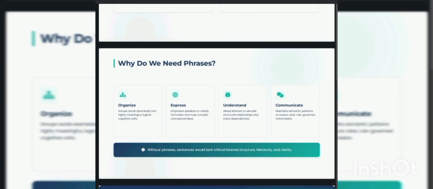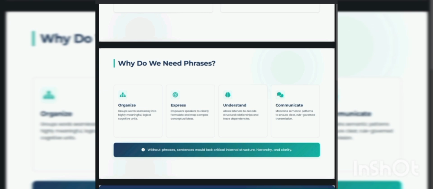The third reason is understanding. Phrases make sentences easier to decode because listeners recognize groups of related words instead of analyzing every word individually. Fourth is communication. They make communication smoother and more effective. Proper phrase structure improves clarity and reduces ambiguity. In short, without phrases, sentences would lose their internal organization, hierarchy, and clarity.